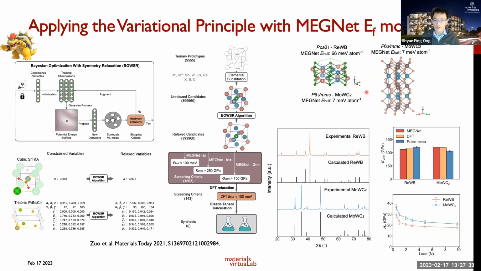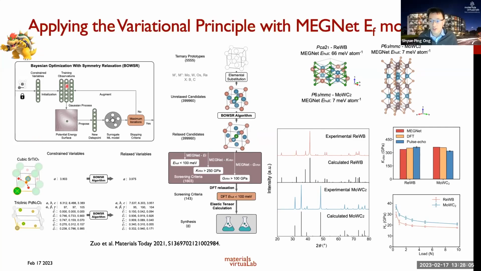And with this, we can actually just naively try to apply the variational principle with the formation energy model, right? So when we do DFT relaxation, we basically change the lattice parameters and look at whether the new lattice or new atomic positions is lower in energy than the previous atomic positions, right? And so we can do the same, and instead of doing a DFT energy calculation, we can use MEGNet to predict the energy, right? And this was basically what we did.